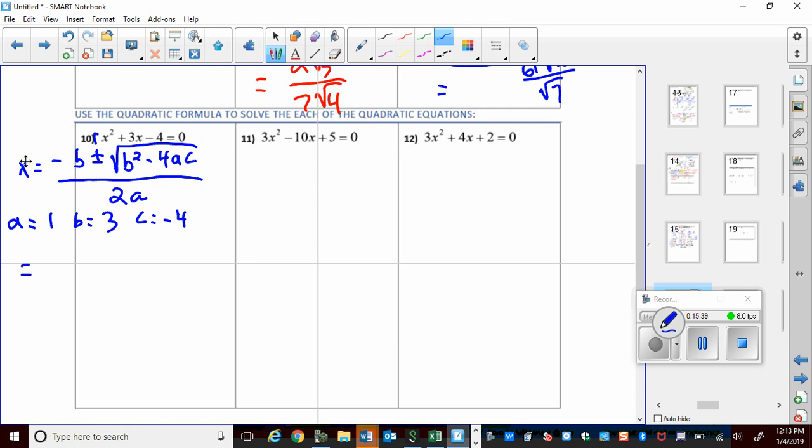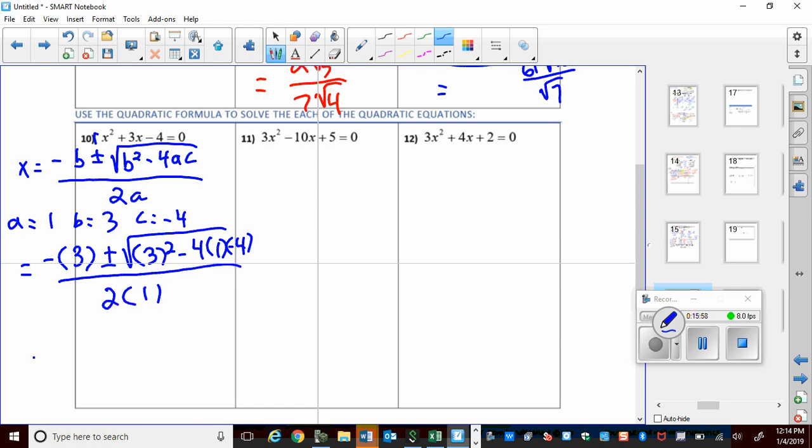This equals negative 3 plus or minus the square root of 3 squared minus 4 times 1 times negative 4 divided by 2 times 1. This equals negative 3 plus or minus the square root of 9 plus 16 divided by 2.